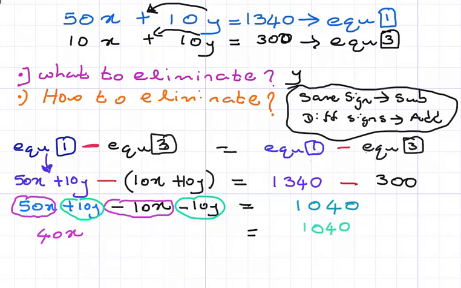All right. So how do you find the value of x now? X is equal to, let's ask the multiplication 40 to go to the other side. So 40x means 40 times x. So when multiplication 40 goes to the other side, what does it become? It becomes division 40.